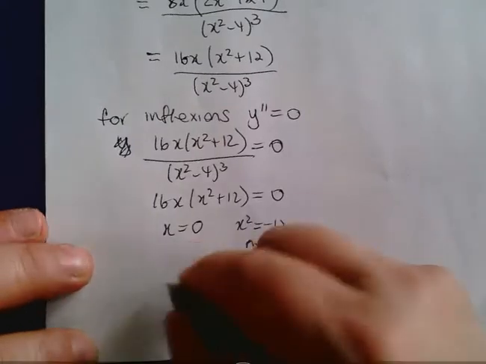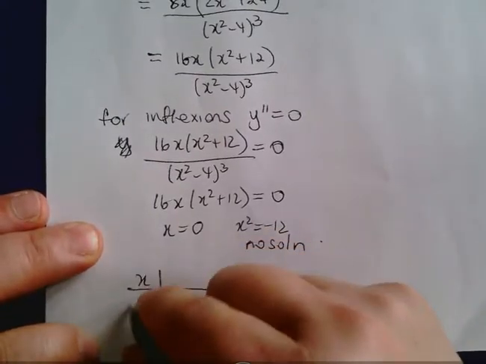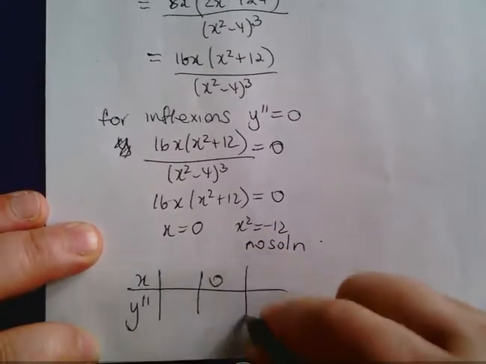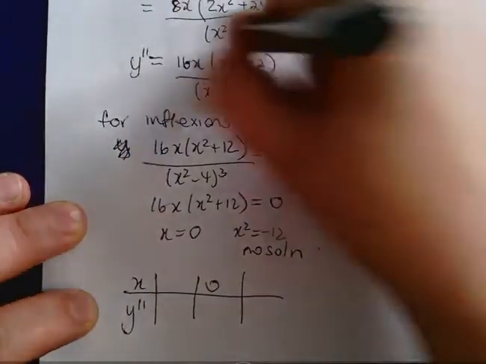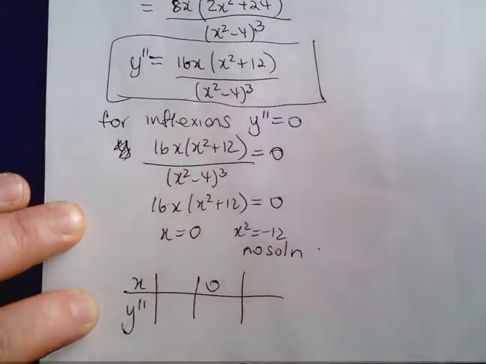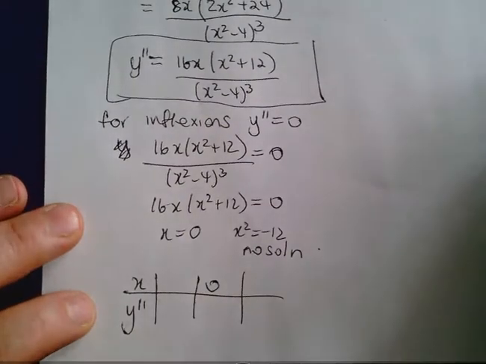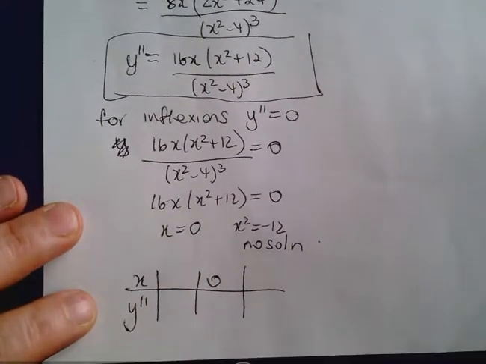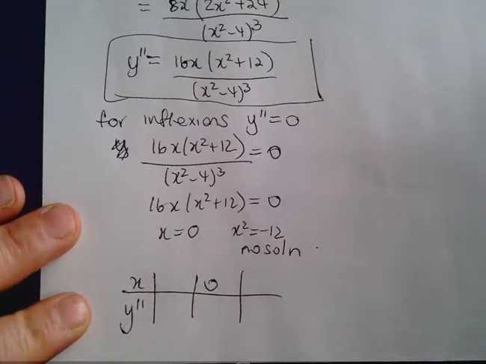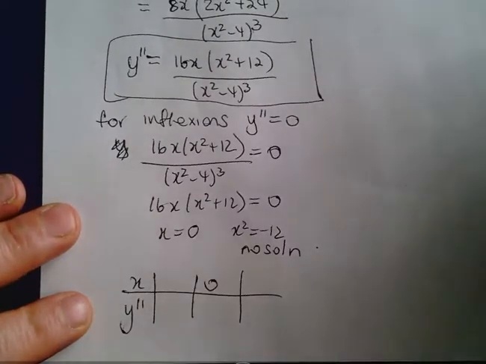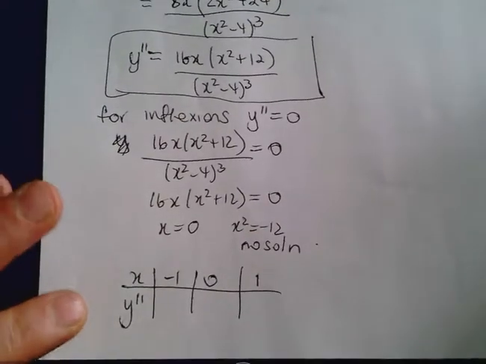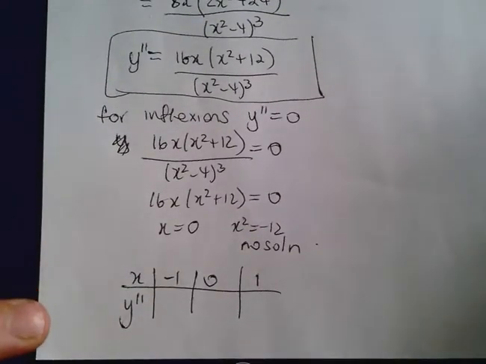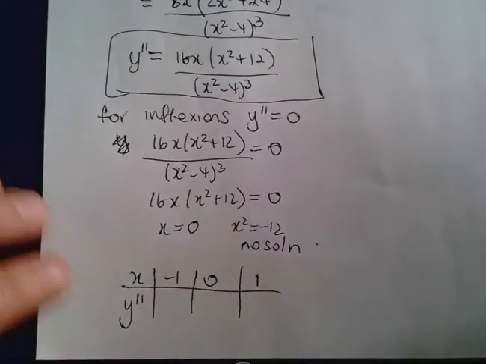We already saw we had a horizontal one anyway. So if we just double check the concavity around x is 0, here is y double dash. Let's have a look. We've got vertical asymptotes at 2 and negative 2. As long as we don't go anywhere near those, and near 2 root 3, we're fine. So I'm going to go negative 1 and 1.